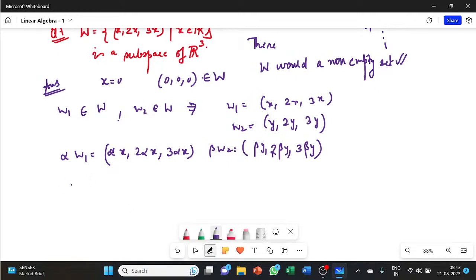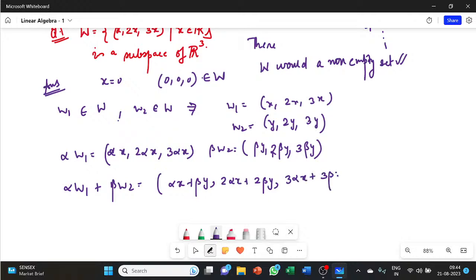If I add them up, alpha W1 plus beta W2 is equal to (alpha x plus beta y, 2 alpha x plus 2 beta y, 3 alpha x plus 3 beta y).